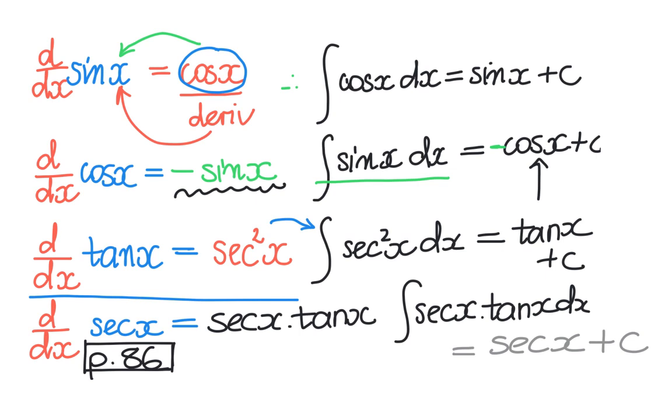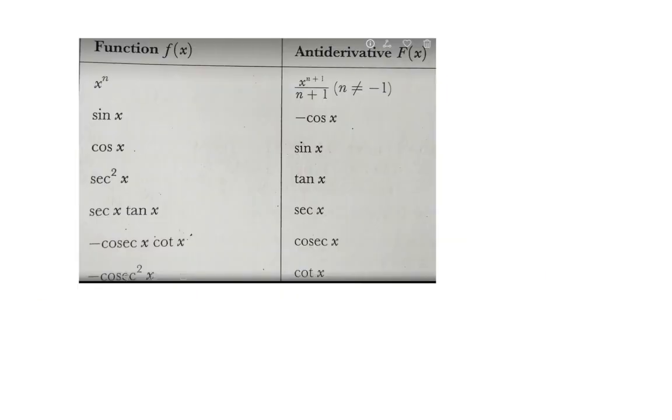Since we are integrating, we're going to call this a table of antiderivatives. On page 131 in your textbooks, you have a table of antiderivatives. So we had a table of derivatives on page 86, and now we have a table with antiderivatives.